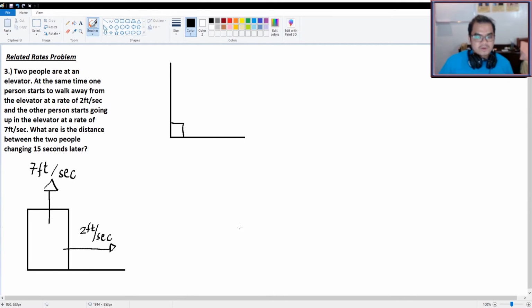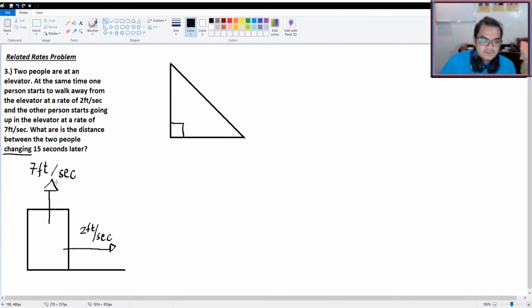Now we are asked to find what the distance between the two people is, changing 15 seconds later. So we are asked to find the change in distance. If I connect this to here, you will be able to create a right triangle.